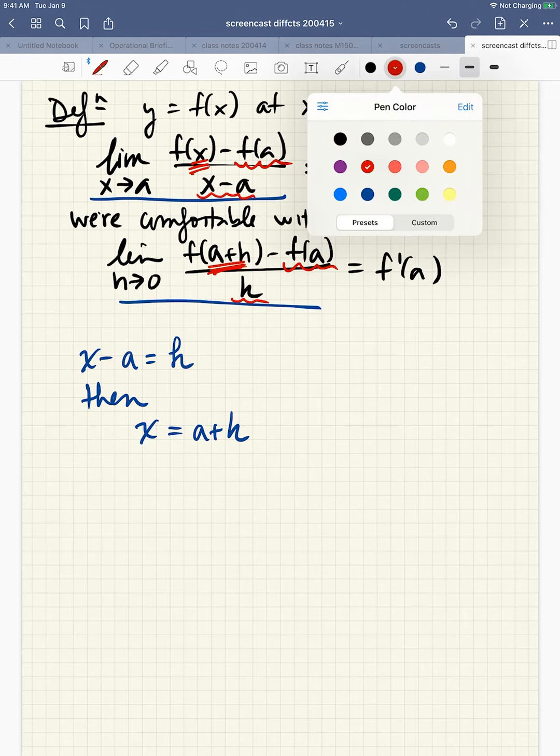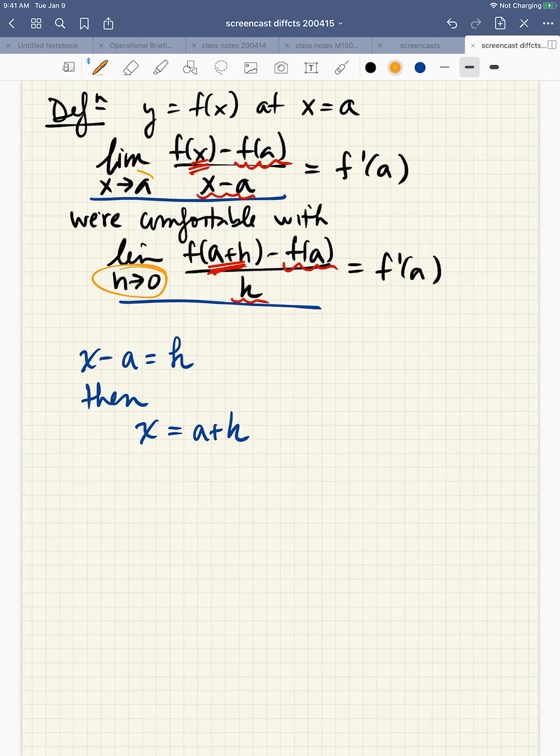Okay, so now the question is, how do we go from here to here? Well, let's come back and look at this. X going to a means x gets closer and closer to a. If I subtract a from both sides, that means x minus a is getting closer and closer to a minus a, but a minus a is 0.